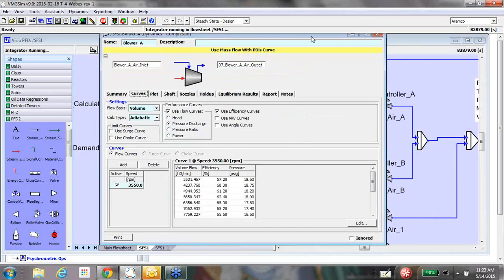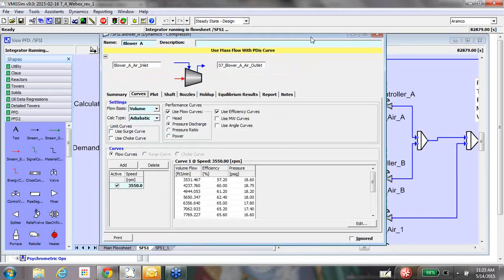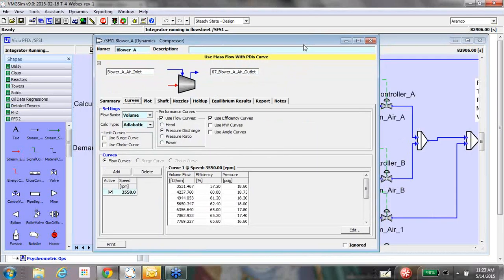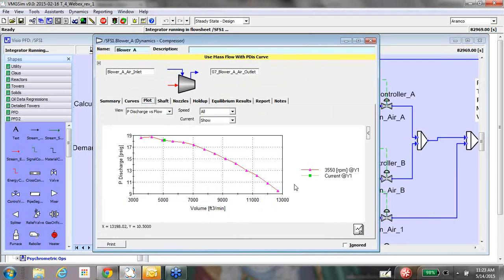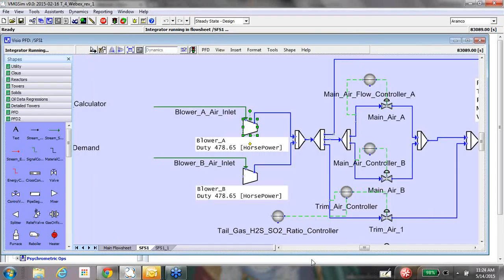So these things are also important specifically when there is a turn down scenario, because in that condition you can also study at what range your blower is performing. For example, over here, this is a 400-ton design plant. I'm running this one right now at 200 tons, and it's approaching a near surge limit. So all these studies you also can do while you are running the model once it is properly lined up.